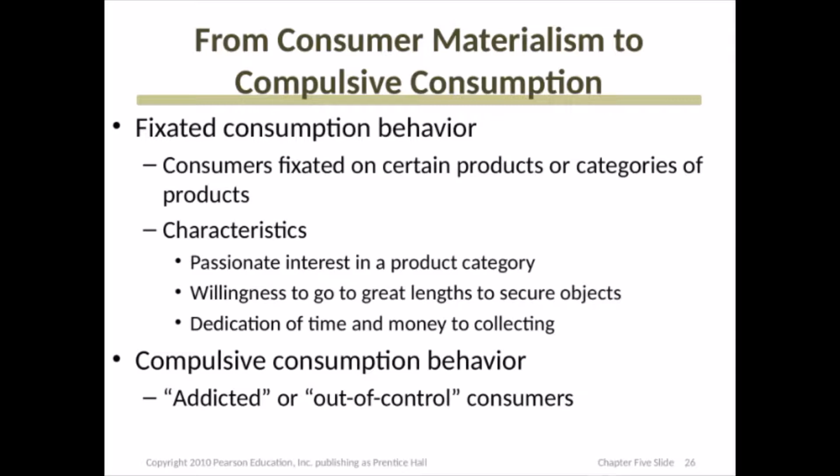Okay, so we know materialism and fixated consumption, and we still need to know what compulsive consumption is. Compulsive consumption is abnormal behavior, the dark side of consumption, as they call it. People who have addiction towards something.